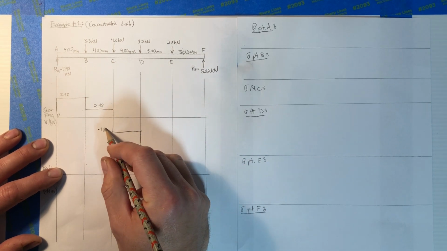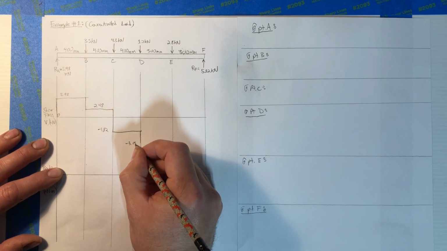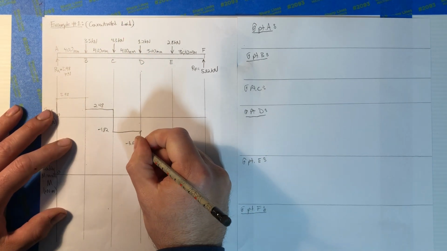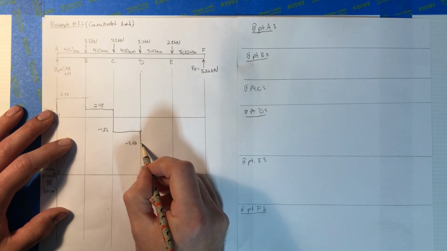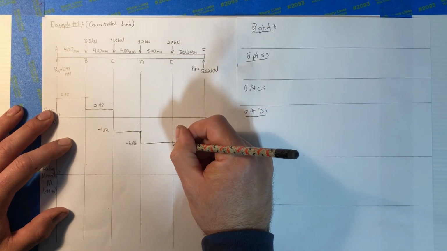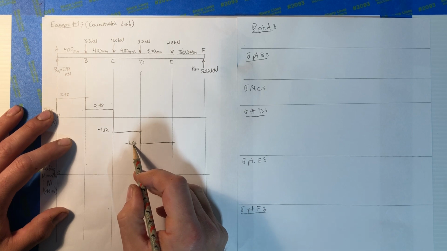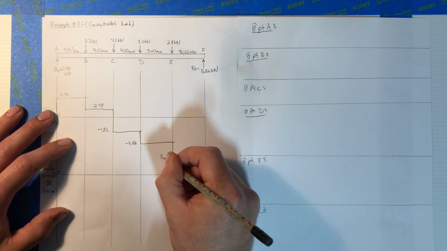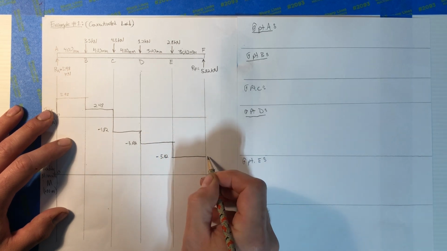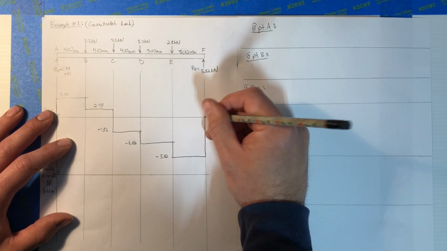So 1.2 plus minus 1.82 is negative 3.02. Then I'm constant again, I get to E, and at E I go down another 2.8 kilonewtons. So 2.8 added to negative 3.02 is negative 5.82 kilonewtons. At my reaction, I go up 5.82 kilonewtons, and it closes up at 0.